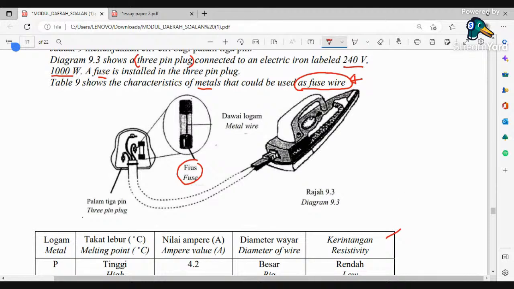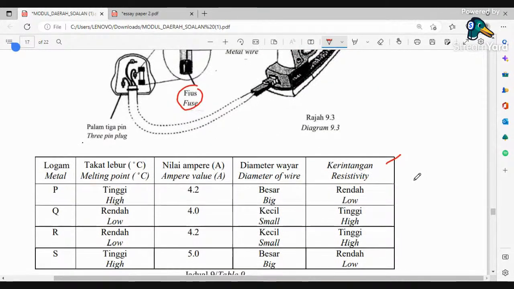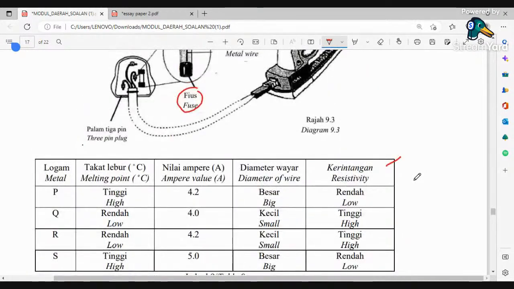So what are the characteristics of the metal that we need to discuss? Let's look at the first one, melting point.